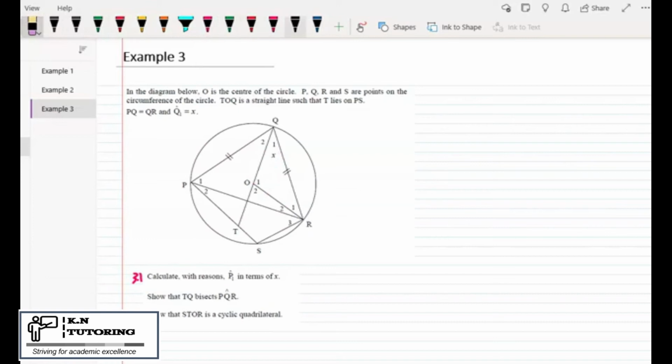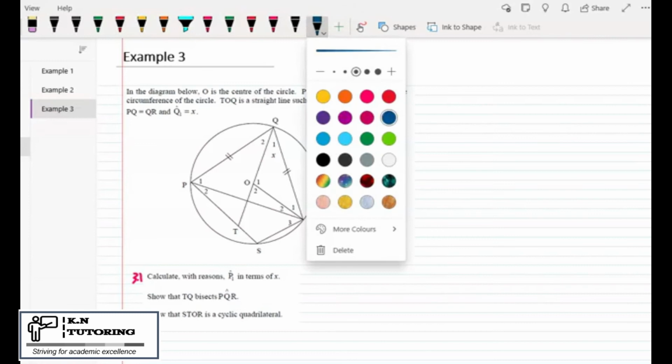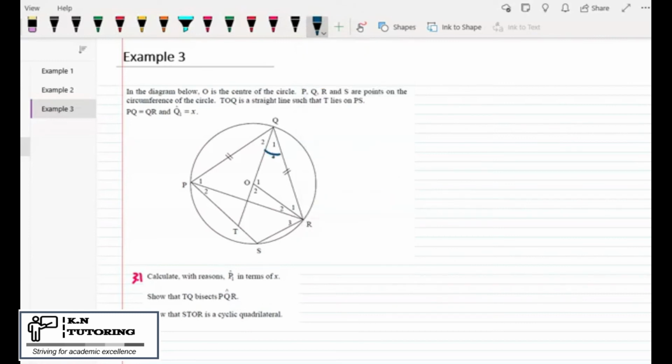Get a pen that is light. Yeah, so this is X, so this is X, so that's X, therefore this will be X, which means O1 will be 180 degrees minus 2X. How did I get this? Remember, from the isosceles triangle, this side is equal to that. So we've got X, we've got X. How do you get the third angle? Sum of angles of a triangle, which means this will be 180 minus 2X, which is the same as what I did in the previous example.